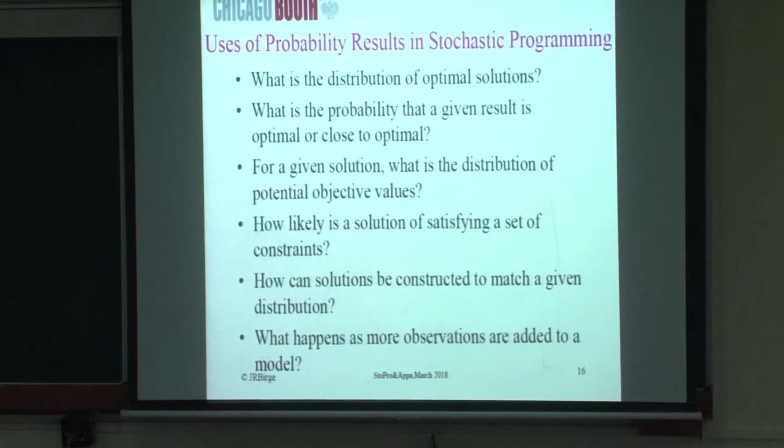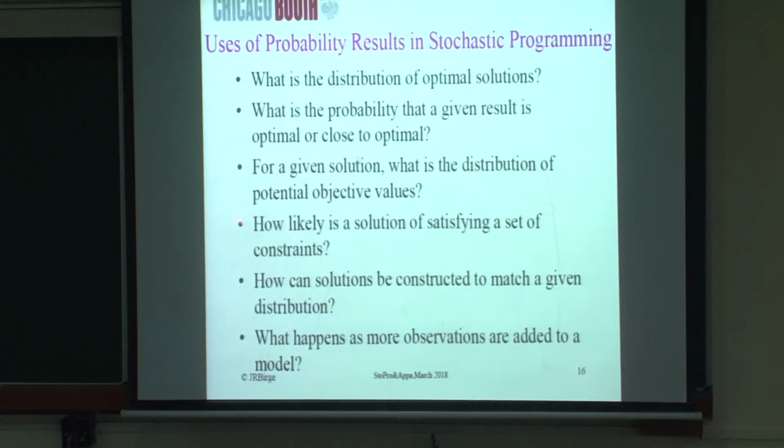Okay. So this is just to wrap up. What all these probability results are about is finding the distribution of optimal solutions: what's the probability that a given solution is optimal, or close to optimal, and then, for a given solution, what's the distribution of potential objective values. So if I have an optimization problem where some of the parameters are random, what distribution does that induce over optimal values?